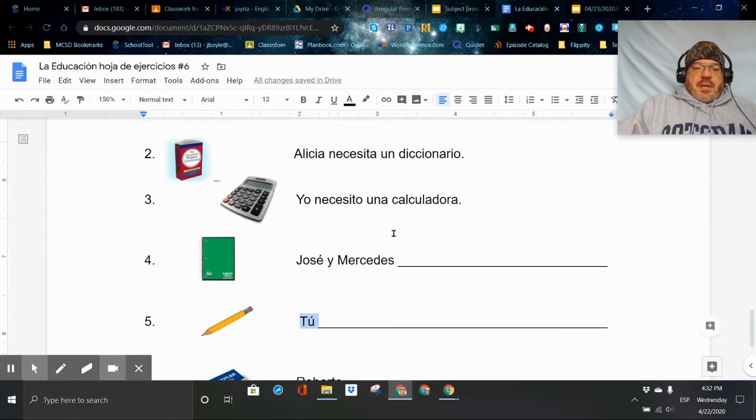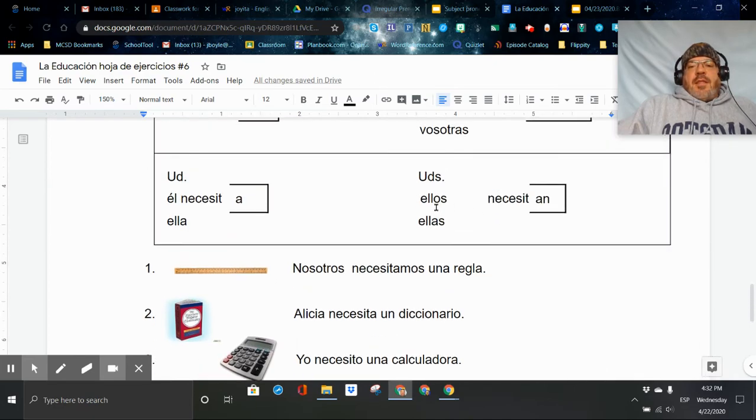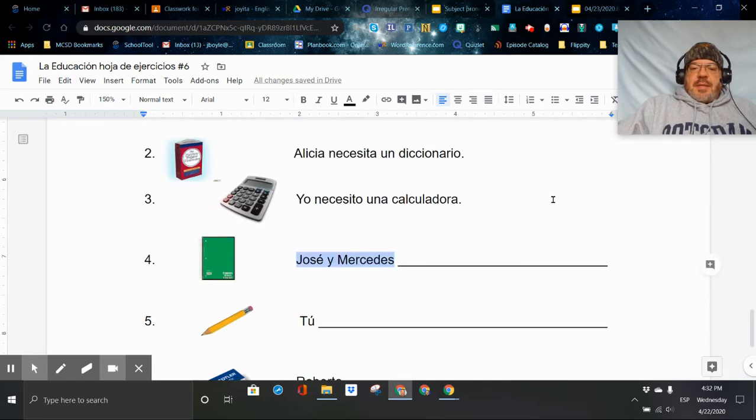I would say that Jorge and Mercedes, if I were to use another word for them, I would use the word they. And they is right here. So I'm going to use this form of the verb, ellos necesitan. Okay, I'm just going to say José and Mercedes necesitan a notebook.